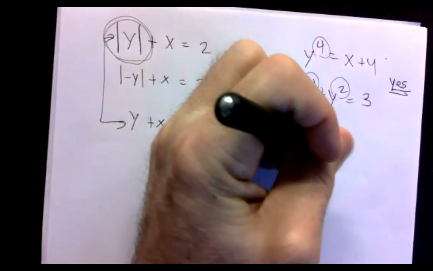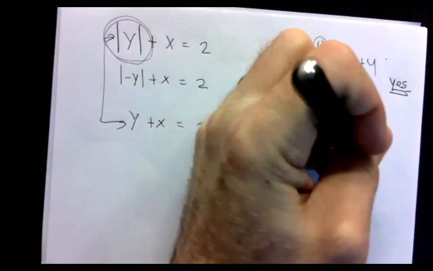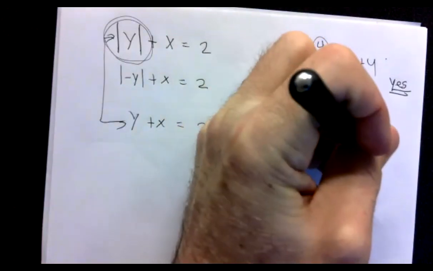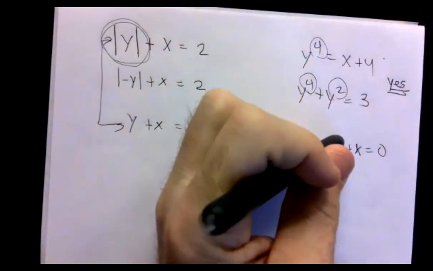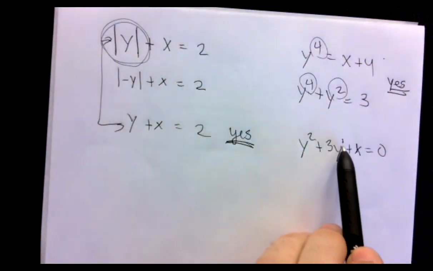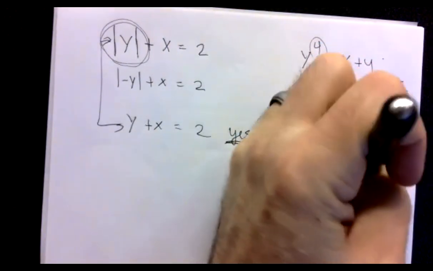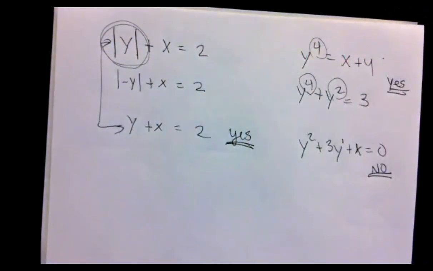So if I said y squared plus 3y plus x equals 0, the fact that I've got a y to the first power would make this not have symmetry. And again, this is all symmetry with respect to the x-axis.